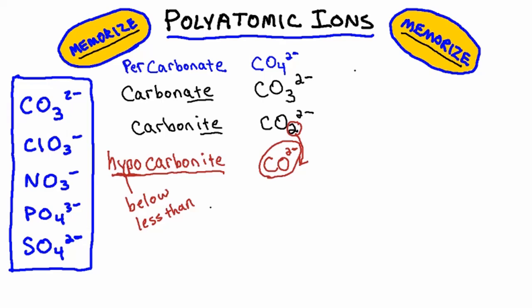And in this case, per is going to mean 1 more oxygen than ate. So we have percarbonate has 1 more oxygen than ate. It has 4 oxygens instead of 3. Carbonate has 3 oxygens with the carbon. Carbonite has 2 oxygens with the carbon. And hypocarbonite would have just 1 oxygen with that carbon.